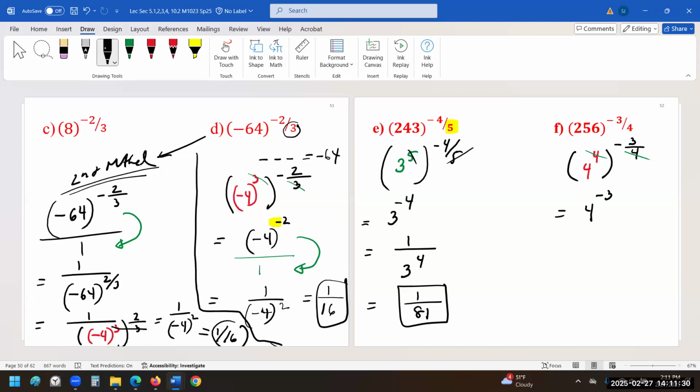We don't like the negative power, so we bring it down and the negative 3 turns into positive 3. Which is 1 over 64.